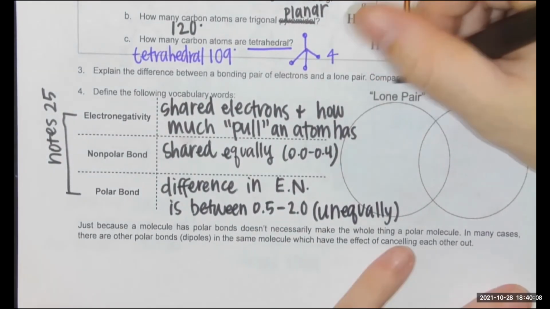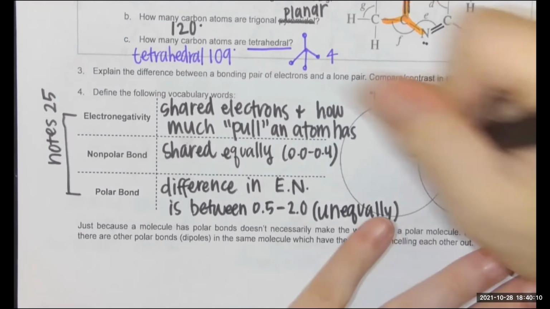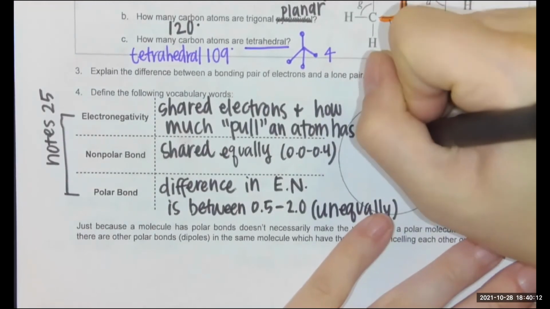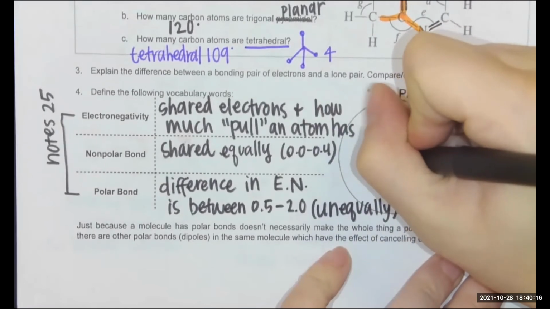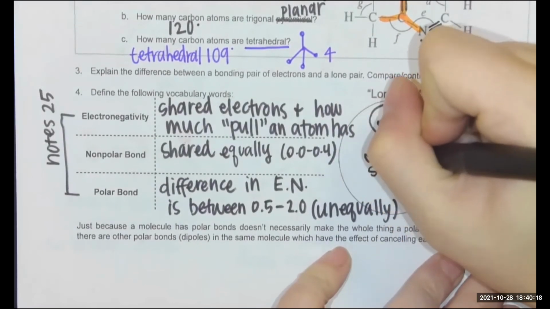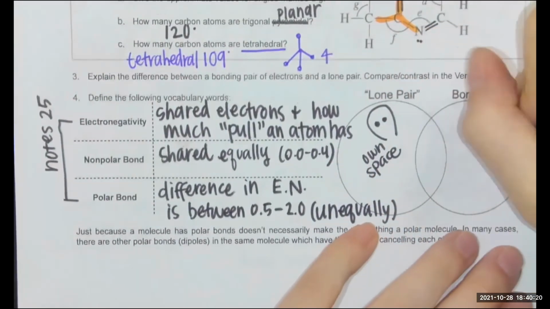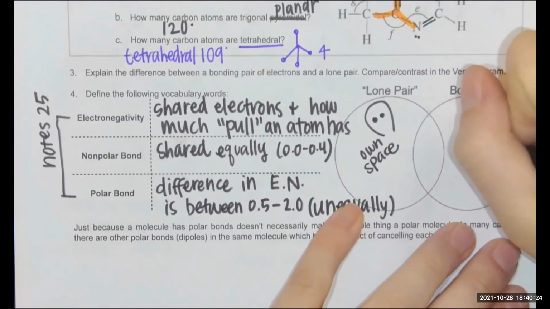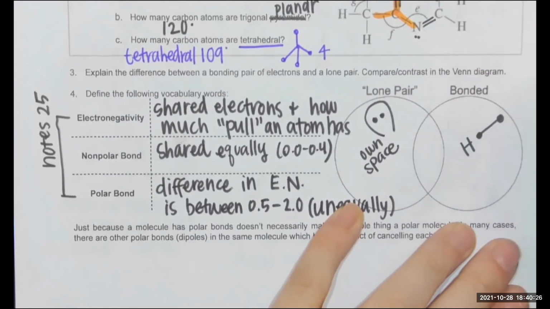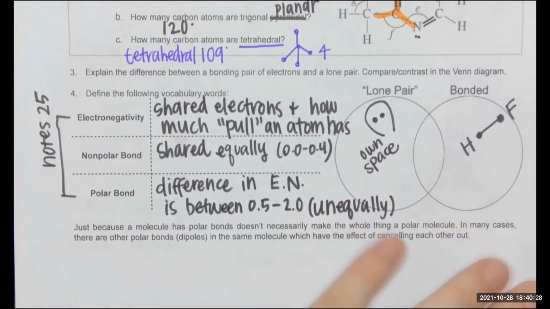The difference between a lone pair and a bonded pair: lone pairs kind of look like this. They have their own space. Bonded electrons look like this. They connect atoms, like if you had an H and then F or something.